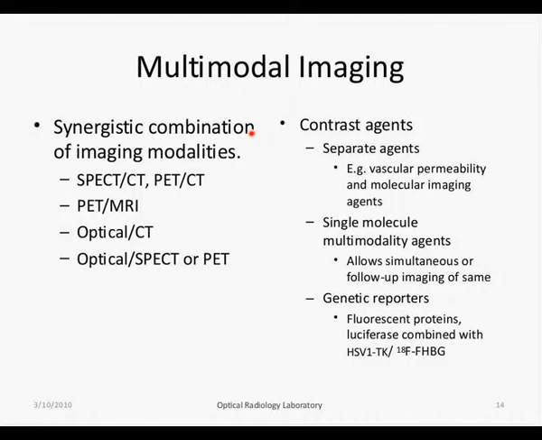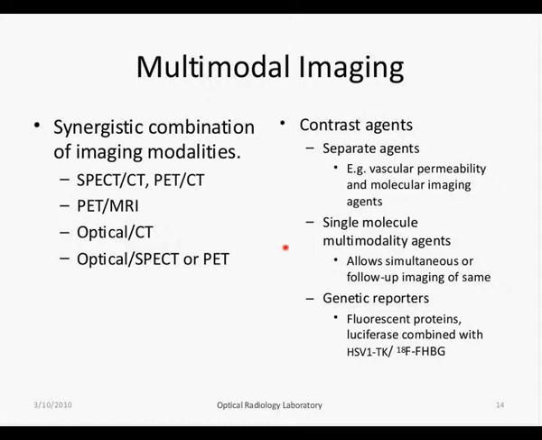That way the nuclear imaging data can be co-registered directly with the anatomic imaging done by CT. In development are methods to do PET and MRI combined, a single system that would do both. Many companies are working on other methods to combine optical with CT, and we are working with contrast agents to combine the optical and radionuclear, which we'll discuss.